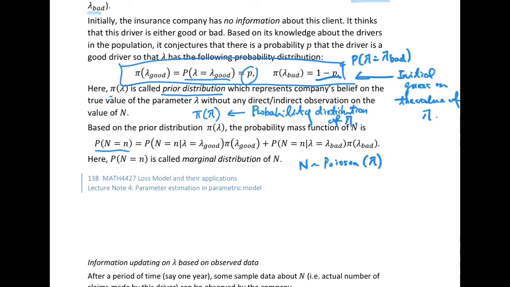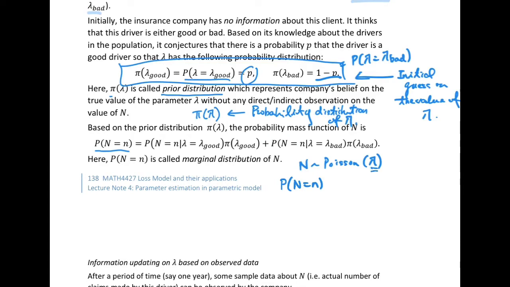Okay, and then in order to get this probability distribution, that is the probability that this guy will cause exactly n accidents, you have to first get the value of lambda.